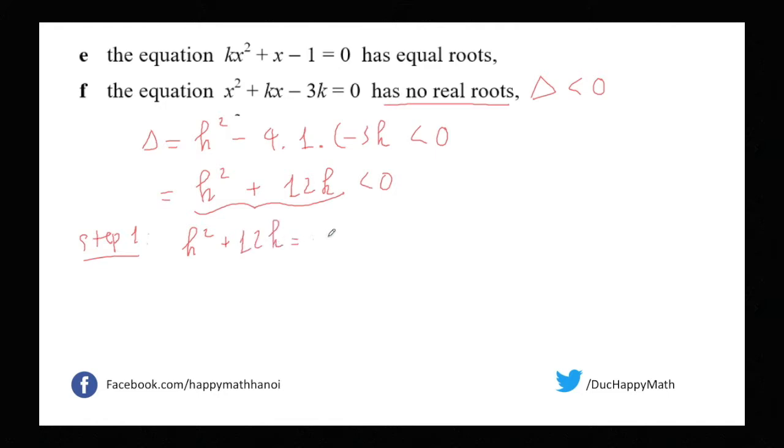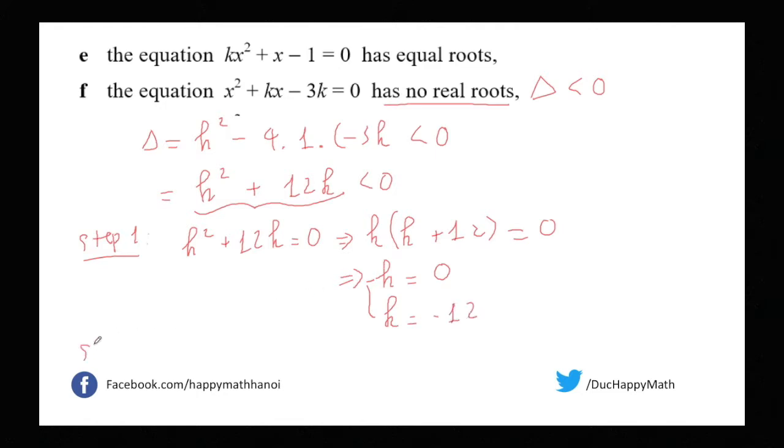Just like in the previous video where I talked about the inequality of the quadratic equation, equal to 0 means factorizing this function: k times (k plus 12) equals 0. You have two cases: k equal to 0, and k equal to -12.